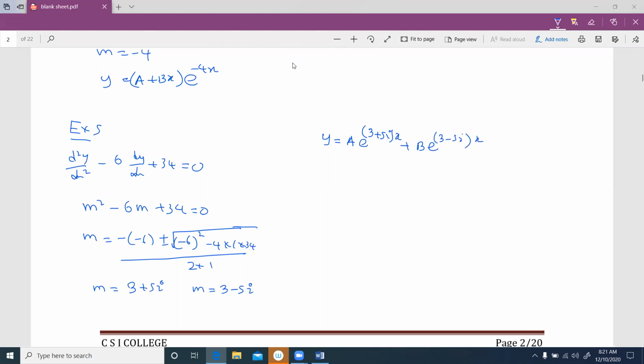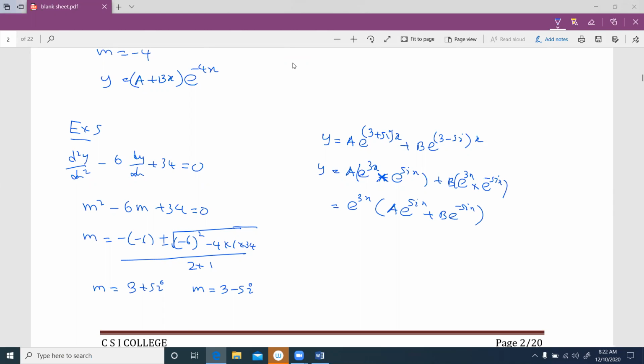Then you can say this is a e to the power 3x times e to the power 5ix plus b times e to the power 3x times e to the power minus 5ix. From both of them you can take e to the power 3x out. Then what is the remaining answer? a times e to the power 5ix plus b times e to the power minus 5ix.